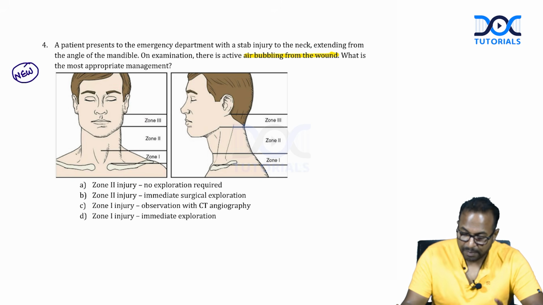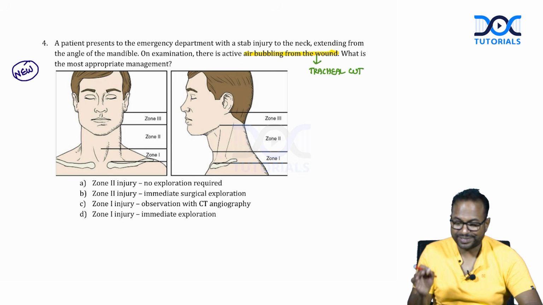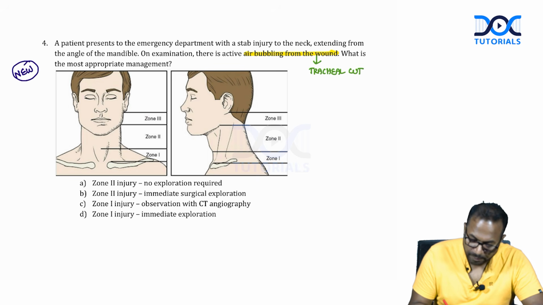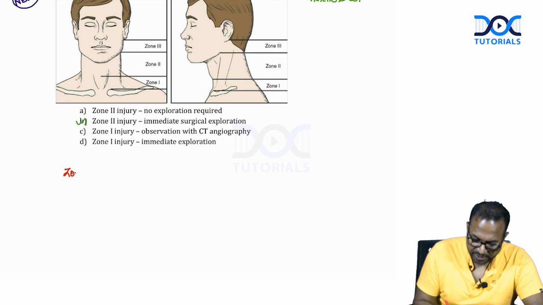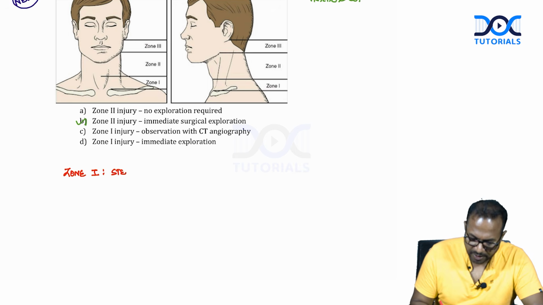Air bubbling from the wound means there is an injury of the trachea. The trachea is cut by the knife. So it's a tracheal injury, air is coming out. Therefore, I should immediately operate this case. This is called zone 2. From the picture, you can see there are 3 zones of neck injury. Zone 1 is from sternal notch to cricoid cartilage.